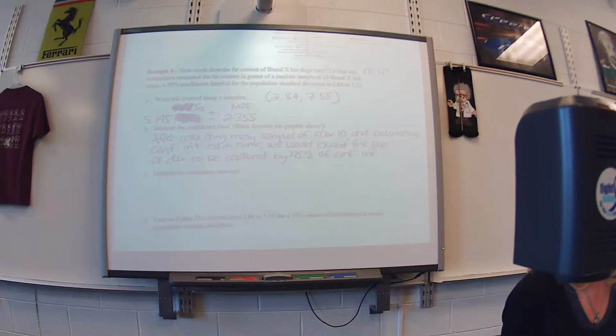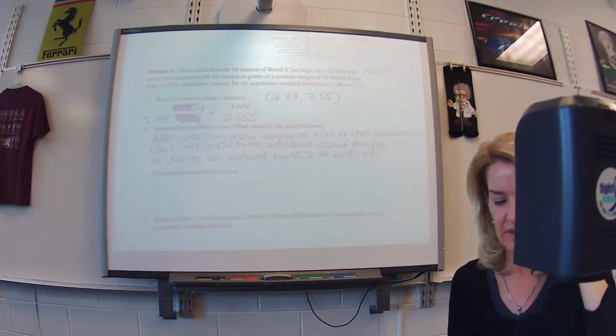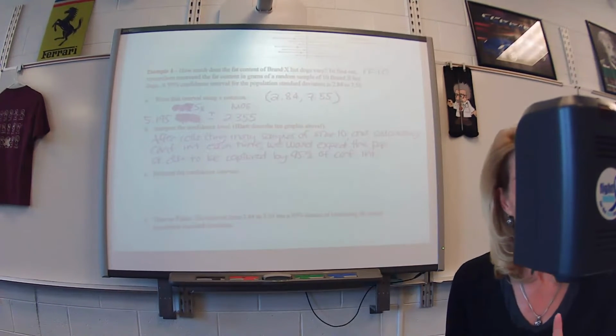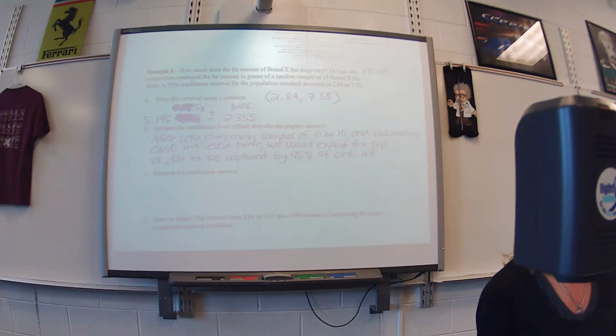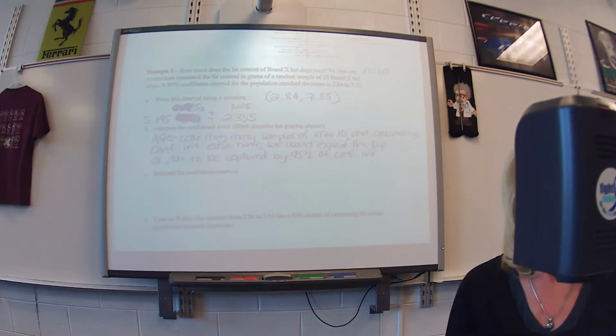We're just saying if I took 10 hot dogs and I made a confidence interval, and then I take a different 10 hot dogs and I make a confidence interval, if I did it over and over and over again, I would expect 95% of them are going to contain mu, or in this case, standard deviation. Now, when you interpret the confidence interval, we're very specific about the interval we created.